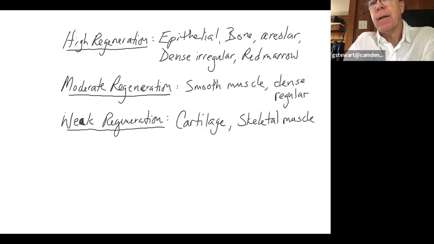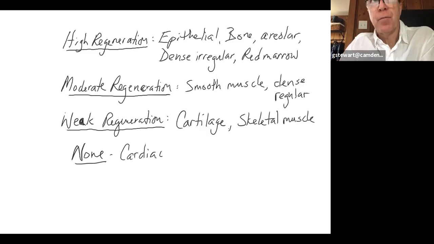And finally, what we consider none, no regeneration, are tissues like cardiac muscle. Usually when our heart muscle gets damaged, and usually how that happens is from deoxygenation if you get a blood clot. So a heart attack just means a clot in one of the arteries that supplies heart muscle.